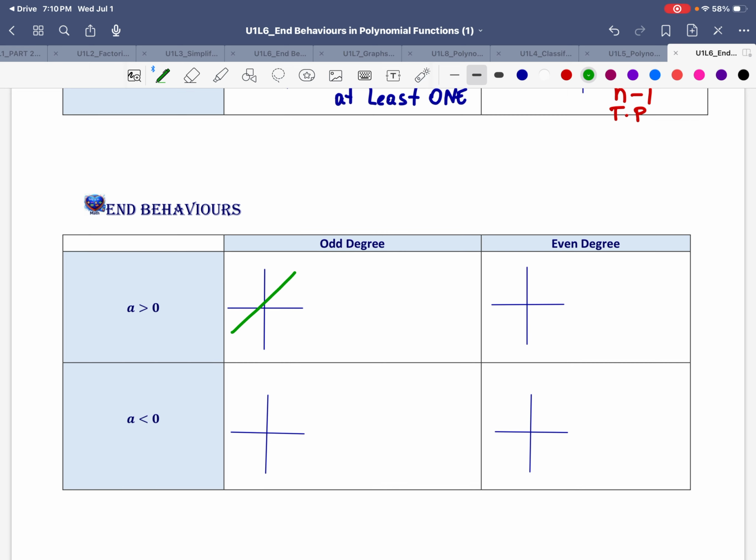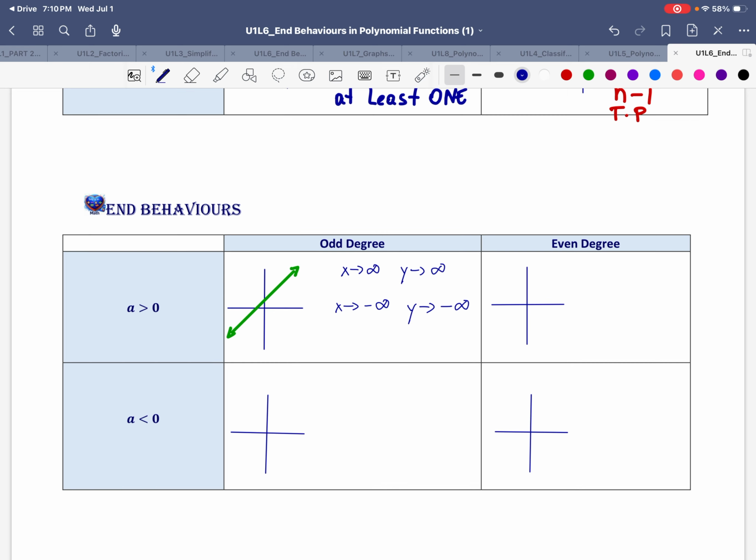So if a line has a positive leading coefficient or a positive slope as we are used to calling it, then we're going to say that as x approaches infinity, y will approach infinity. So the way we look at it is the right end where x increases to infinity is going up. That's why y approaches infinity. Whereas the left end, this is when x approaches negative infinity, has the y values going down to negative infinity.